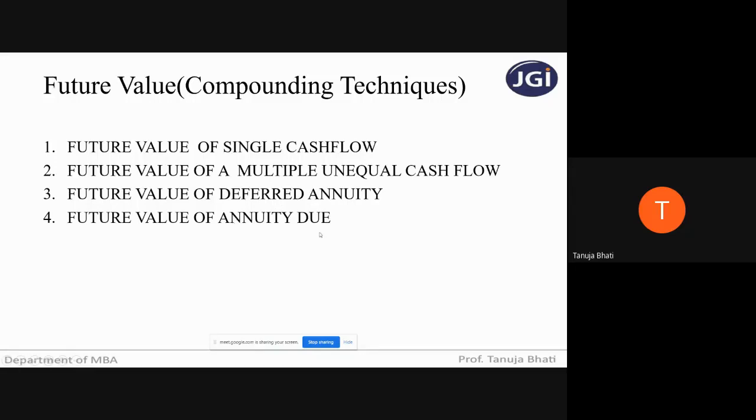So when any problem is given, first ascertain which category it falls under: 1, 2, 3, 4. Once you know, suppose, that it is the future value of multiple unequal cash flows, you just use the formula which I'm going to teach you, and you will get the answer.